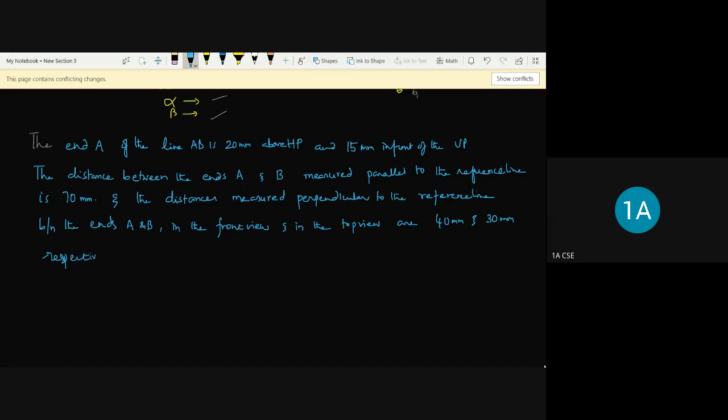Means in the front view it is 40 mm, in the top view it is 30 mm. Now draw the projections of the line AB and determine true lengths and true inclinations.